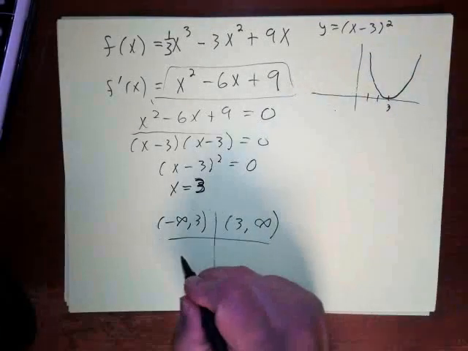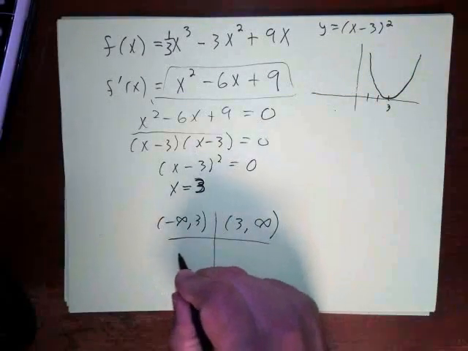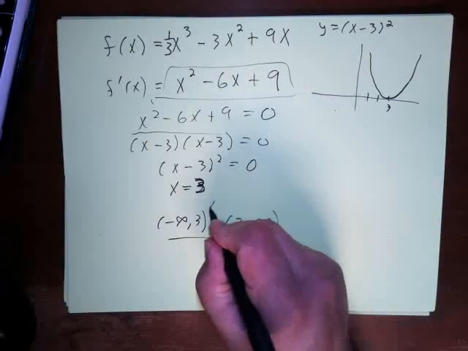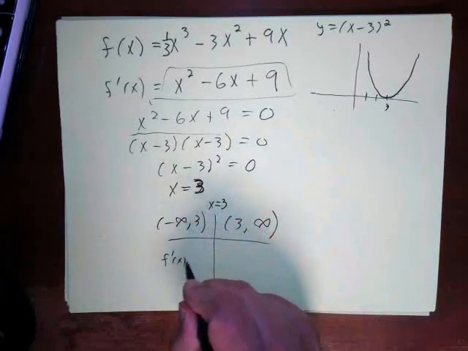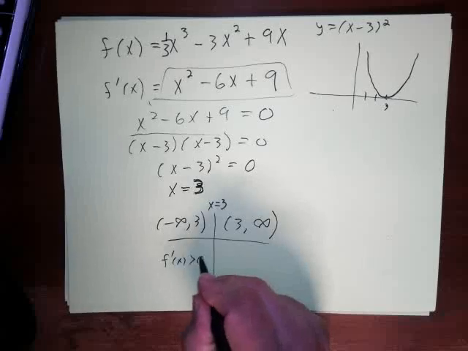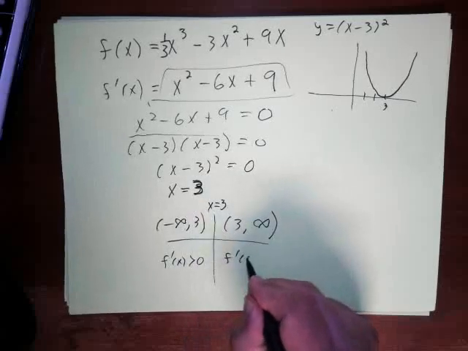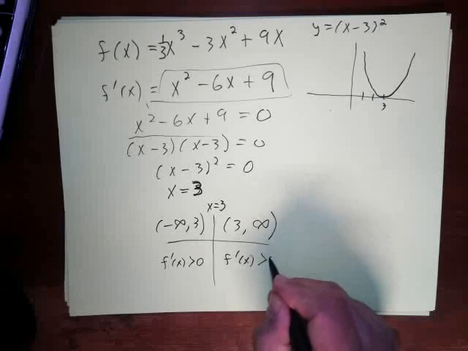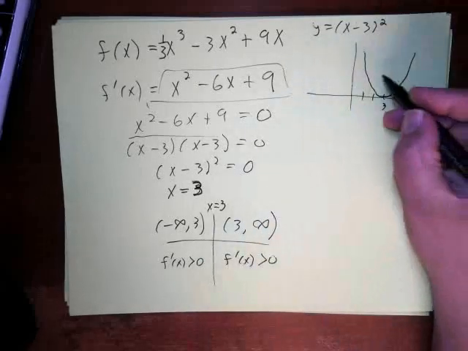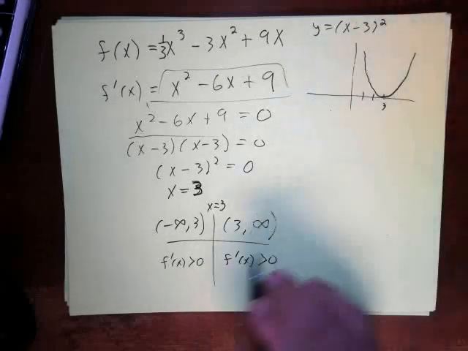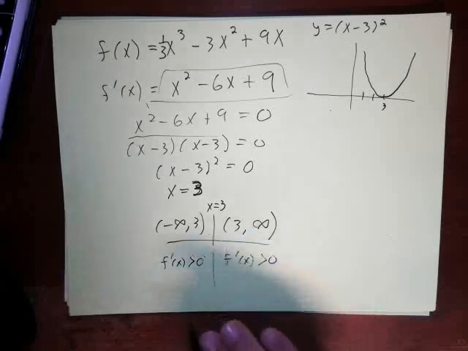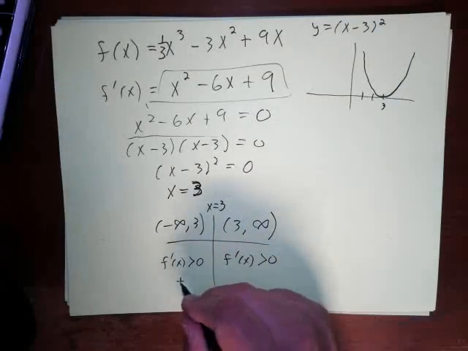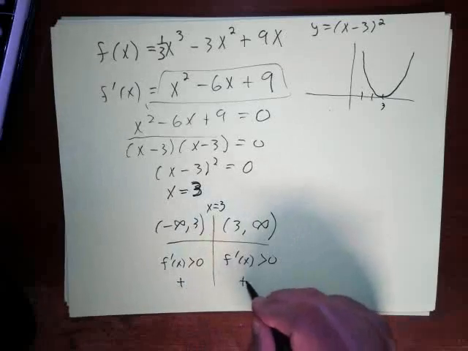The whole point is that x equals 3 is the critical point. Here f prime of x is greater than 0, and here f prime of x is greater than 0. And so it ends up being neither a min nor a max. It's positive, and then it stays positive.